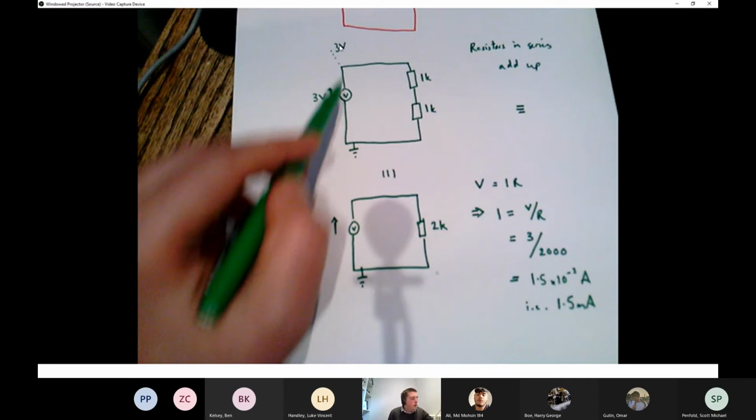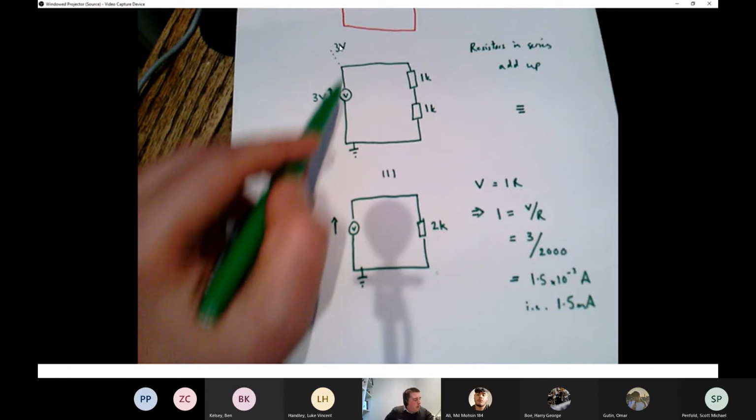Now that I know the current here, I can do a final thing, which is to calculate a voltage. For example, if I want to calculate the voltage between these 2 points, I'll call it V1.